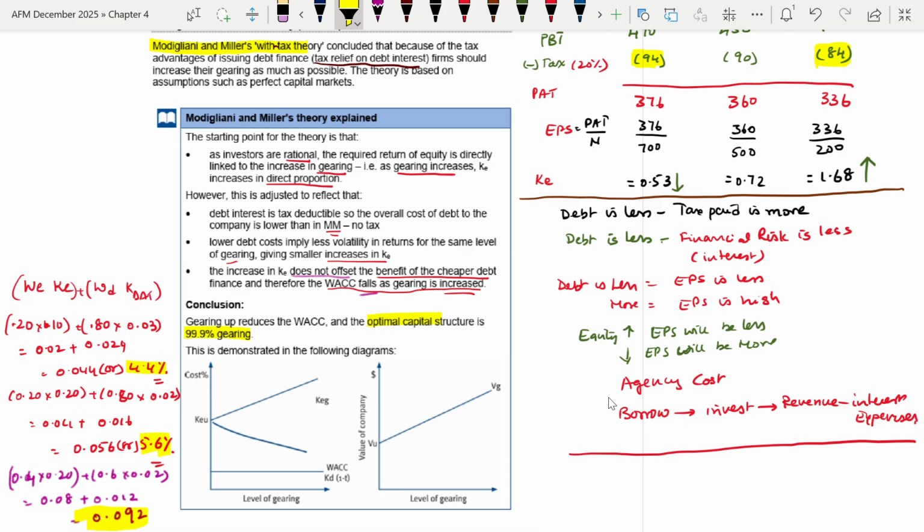What is VU? Any idea? Value of unlevered firm. Unlevered firm is nothing but debt is going to be 0.